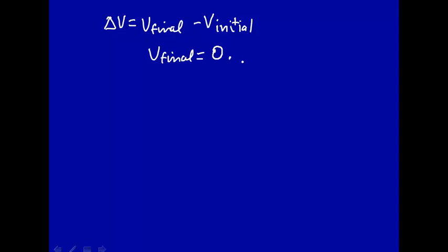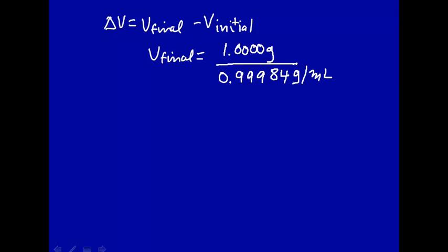We have 1 gram, divided by the density to get the volume, 0.99984 gram per milliliter. So the final volume is 1.00016 milliliters, ignoring significant figures here.